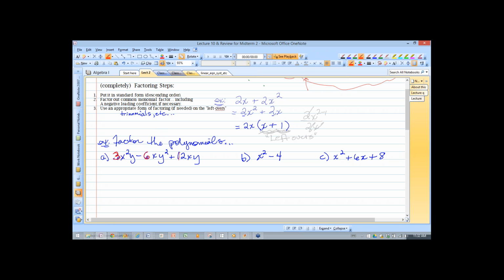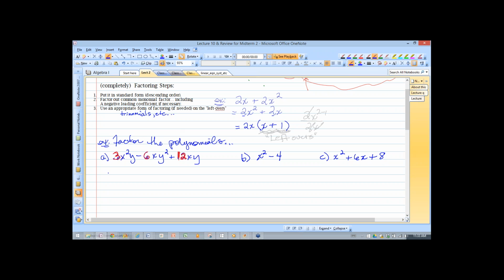These numbers are all divisible by what number? 3, right? That's what I'm trying to say, for lack of a better way to say it. So we can take a 3 out.